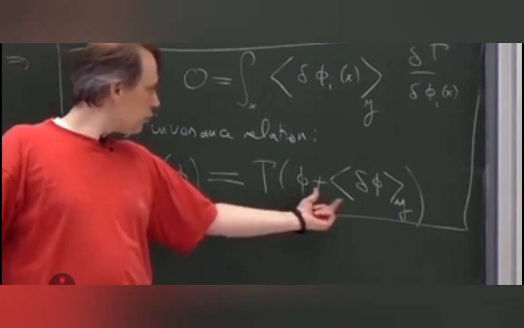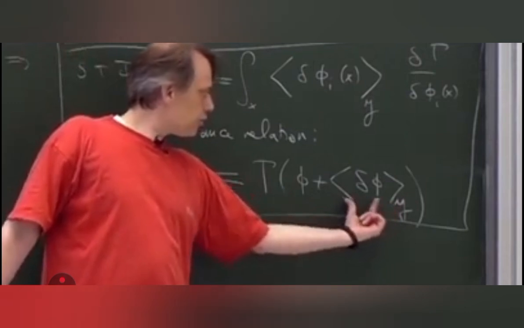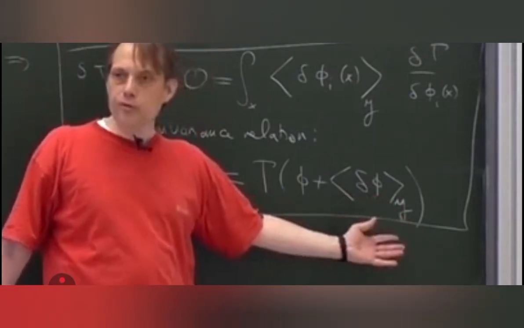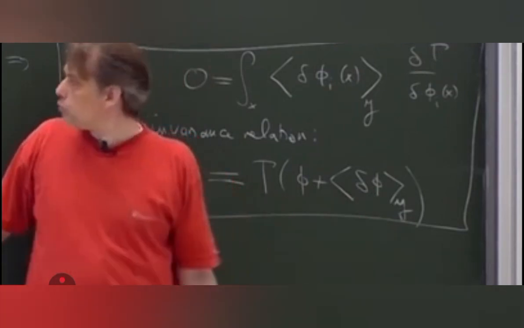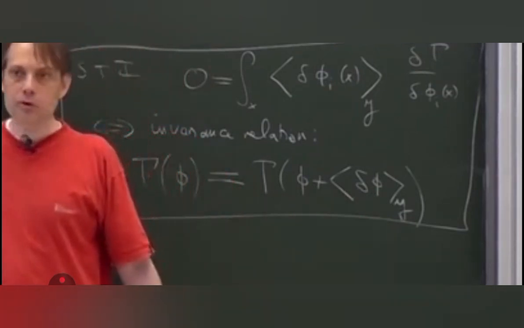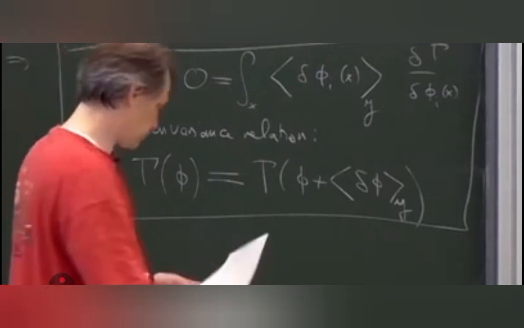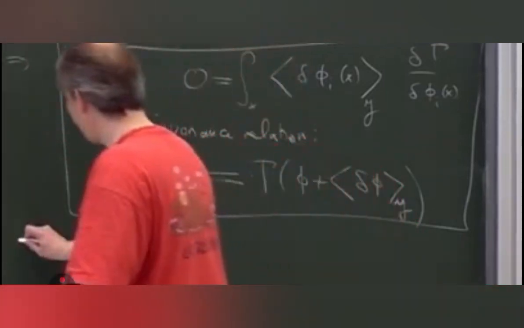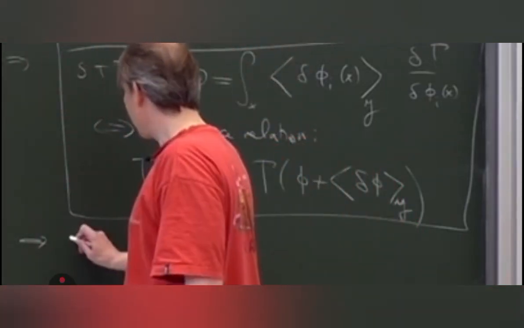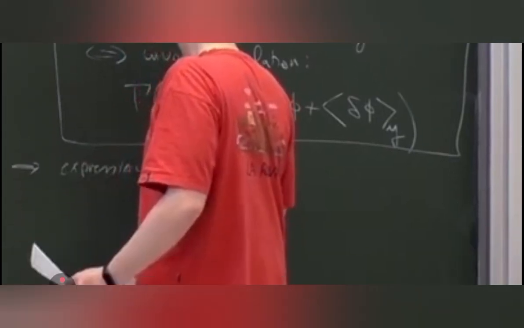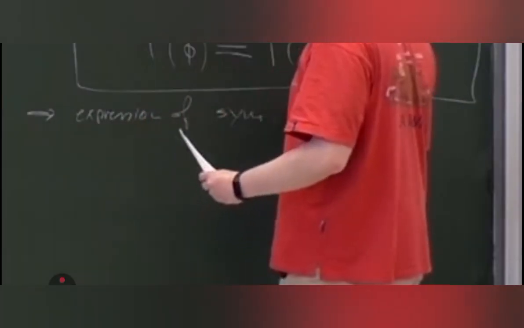And the shift is the expectation value of the delta phi operator in the presence of sources J. So this is fully related, but maybe not exactly the same as the original classical delta phi. So this is an expression of the symmetry for the full quantum theory.